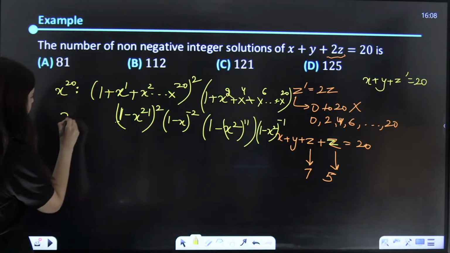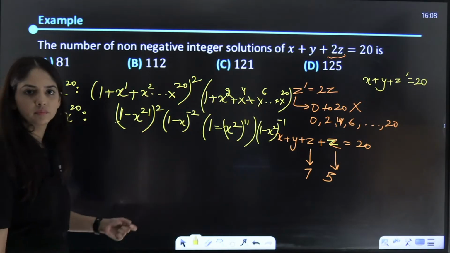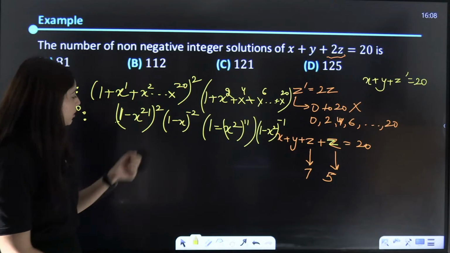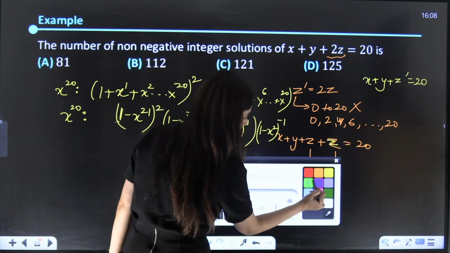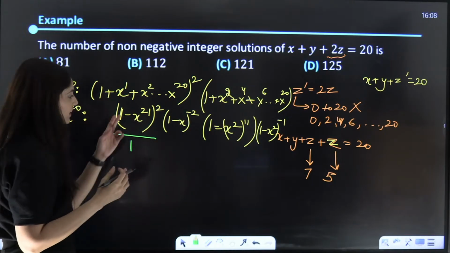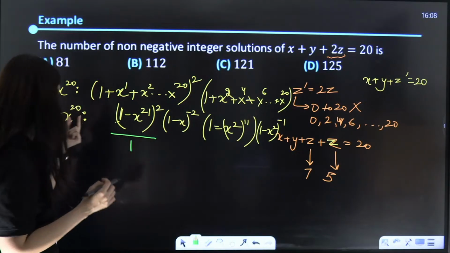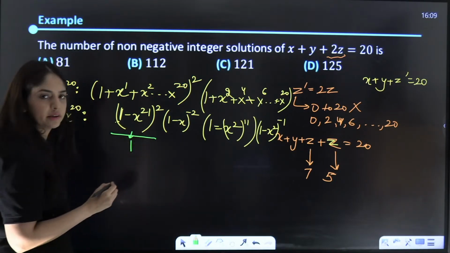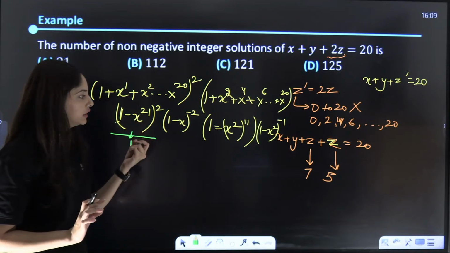Alright. Now we need the coefficient of x raised to power 20 here. Again, from here we will only take 1, because the other x raised to power 21 or x raised to power 42 are all greater than x raised to power 20. So we will only take 1 from here, and we can ignore the rest of the expansion here.